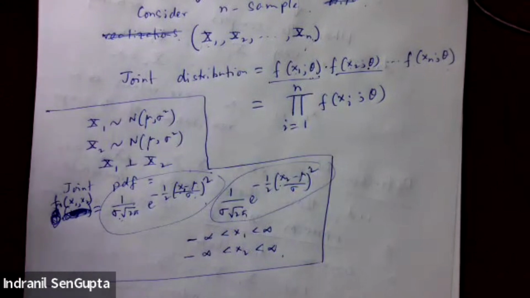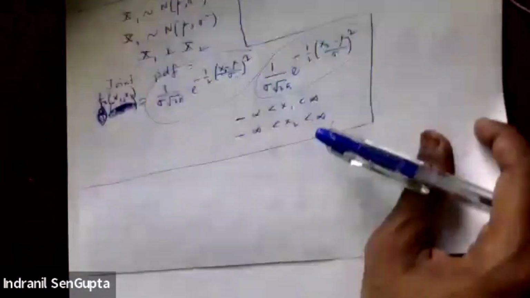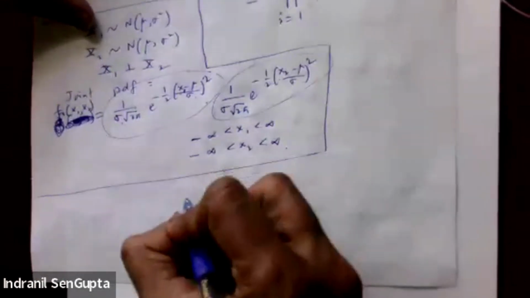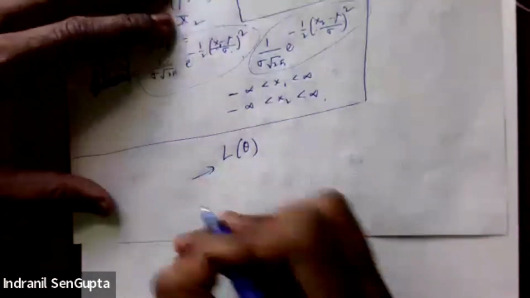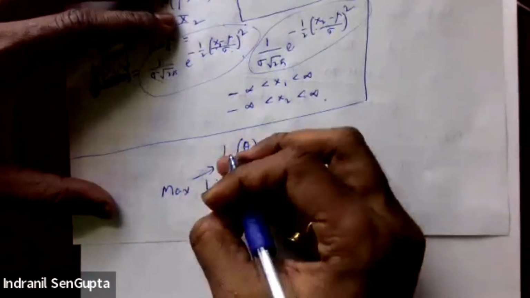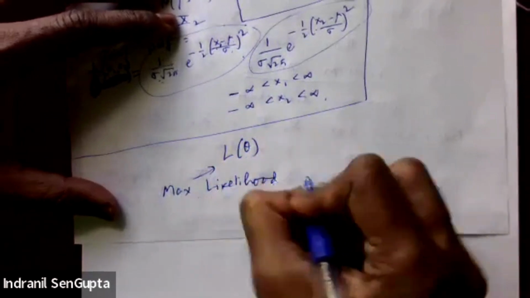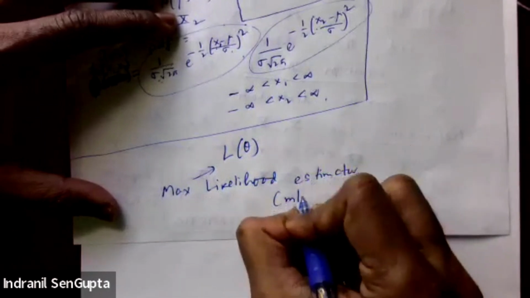Okay. And that's it. So for step one, we are trying to construct the maximum likelihood estimator. So this is it. This is the maximum likelihood estimator, and we write this as L of theta. It's called the maximum likelihood estimator, or in short, MLE.